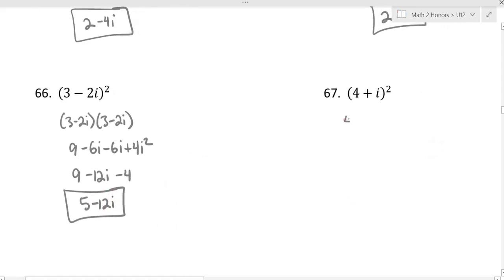67, 4 plus i squared. 4 times 4 is 16, plus 4i plus 4i plus i squared.